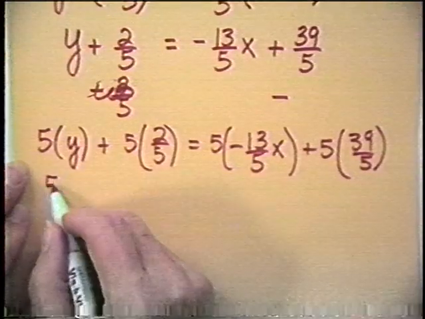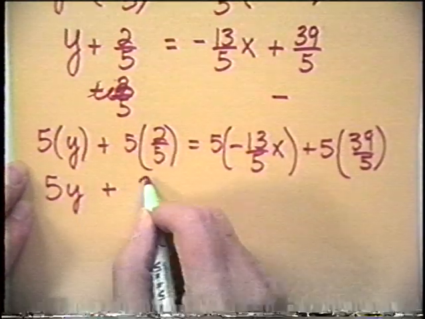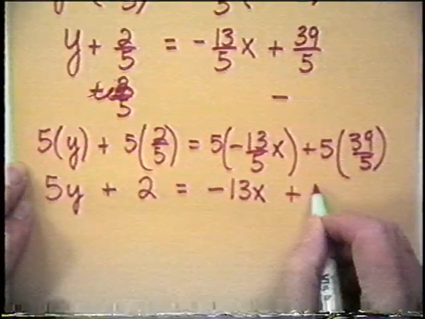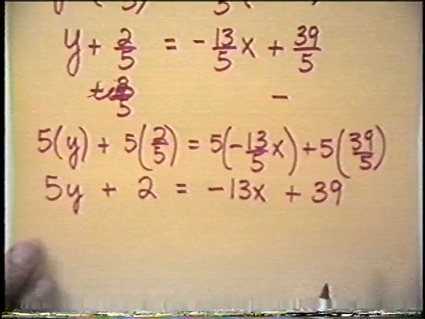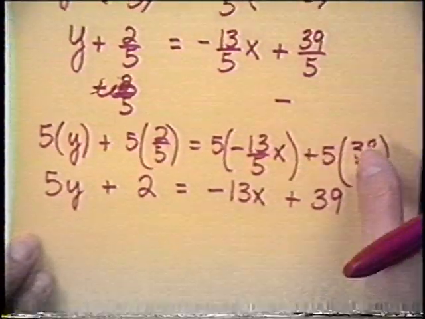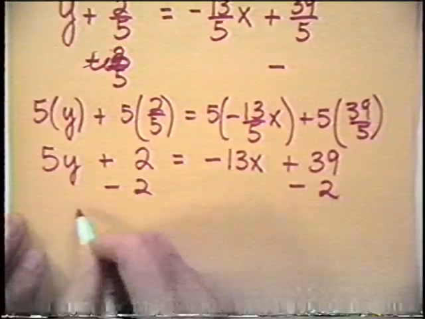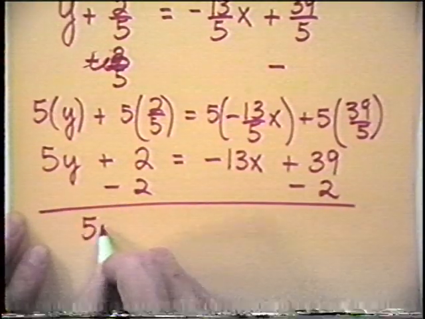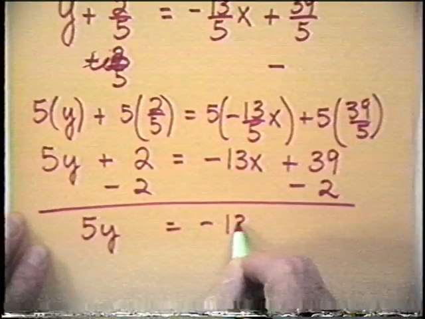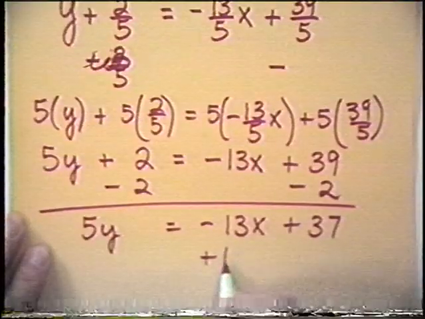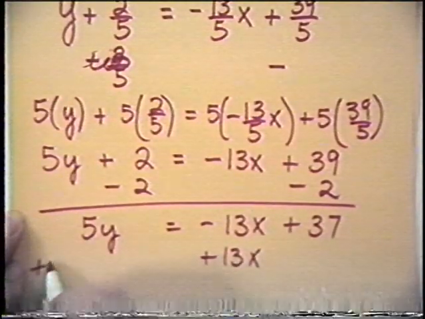So we'd have 5y plus 2 equals a negative 13x plus 39. Now I'll subtract the 2 then. And we'd have 5y equals a negative 13x plus 37. Then add 13x to both sides.